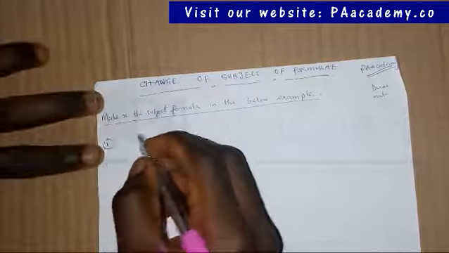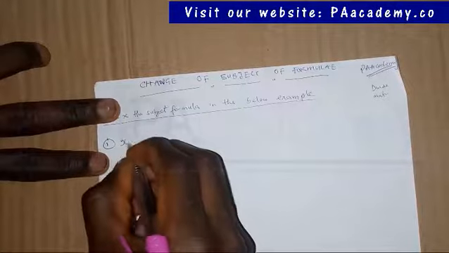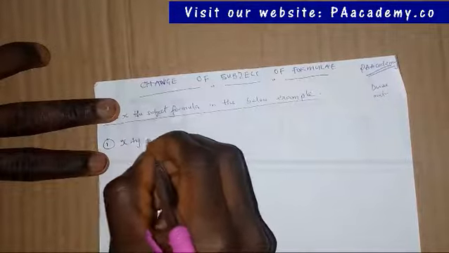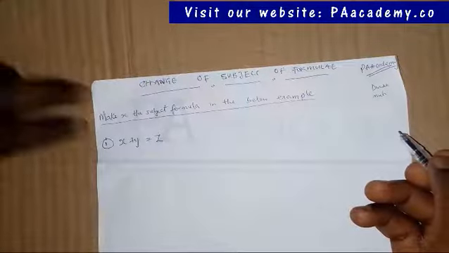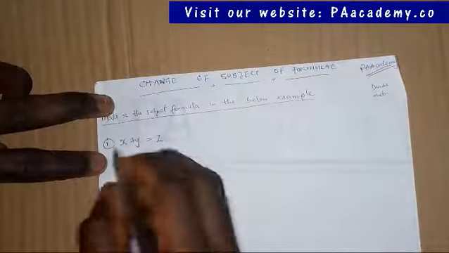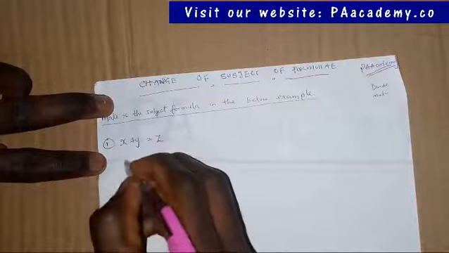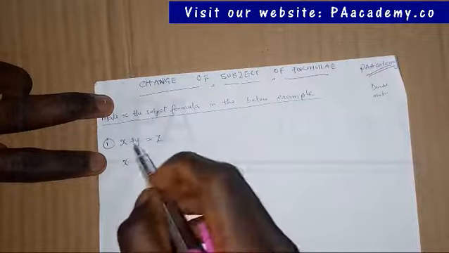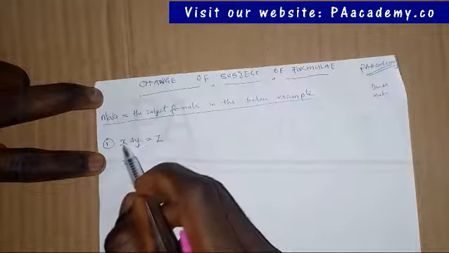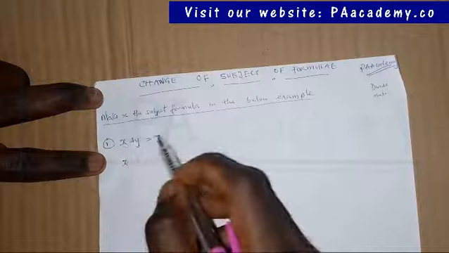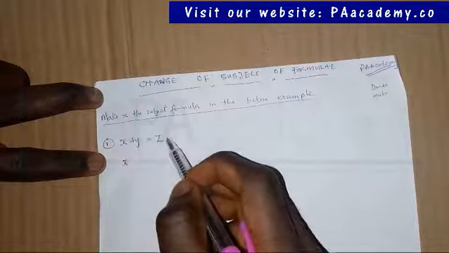If you are given a question like this, x plus y equals z, and you have to make x the subject of the formula, this is a very simple one. What do you do? Since we are trying to make x the subject of the formula and there is a y on the same side as x, we move y to the other side of the equals sign.